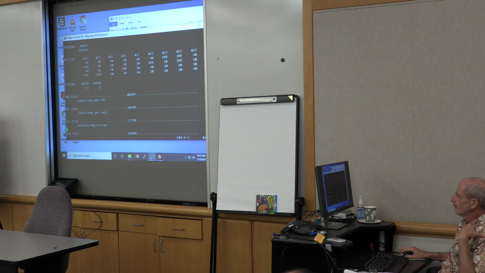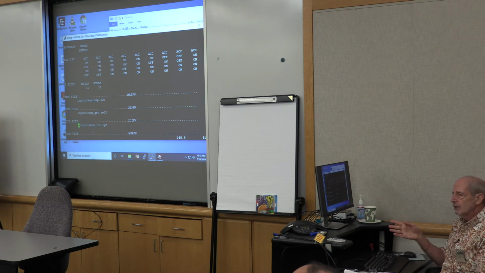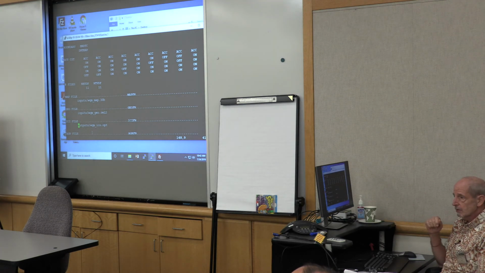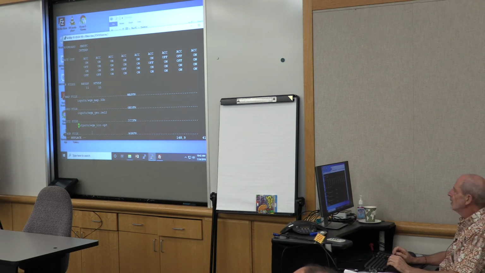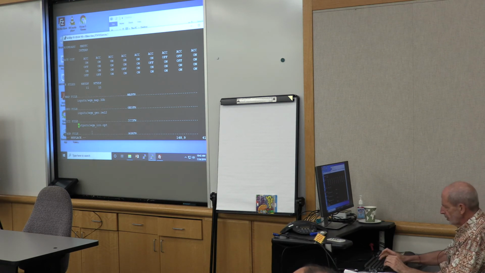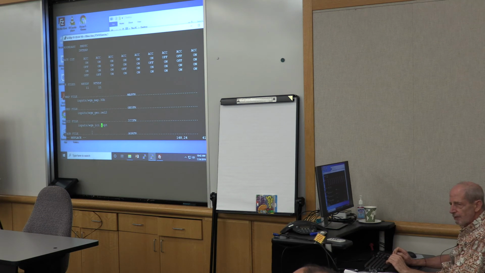Okay, so once again, I'm going to put my cursor on the O of outputs. All right, so we've told the model we're going to use uniform initial conditions. Now we need to tell the model, where are those initial conditions? So once again, uppercase R, get into replace. And those initial conditions are in inputs slash WQM underscore ICI dot G3 particles, right? Was it an uppercase G? Uppercase, okay.